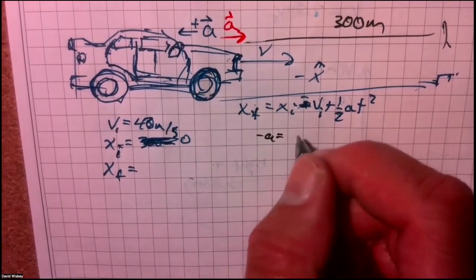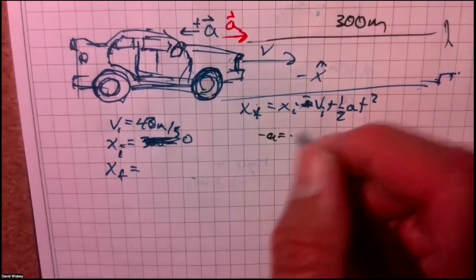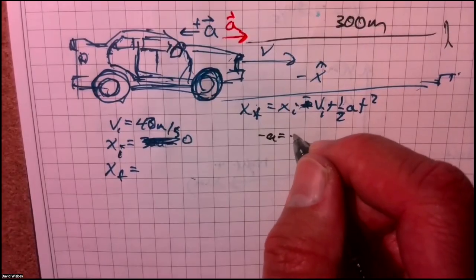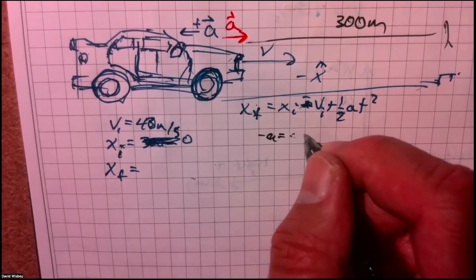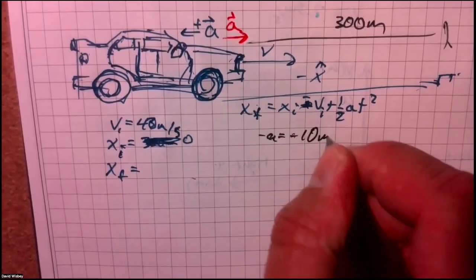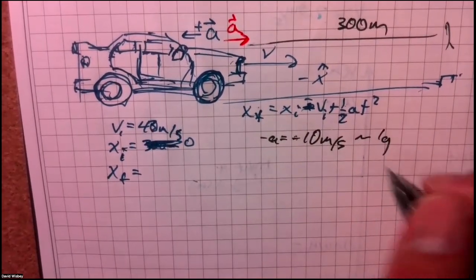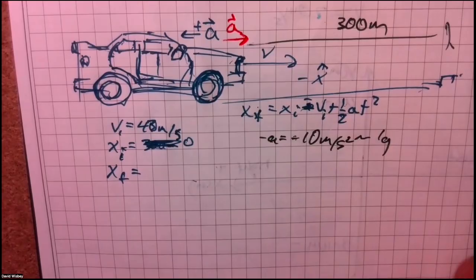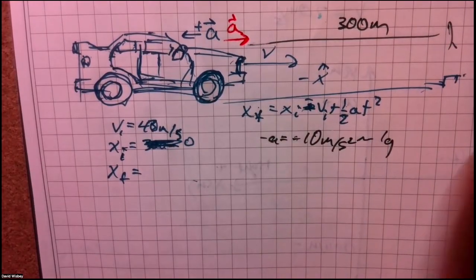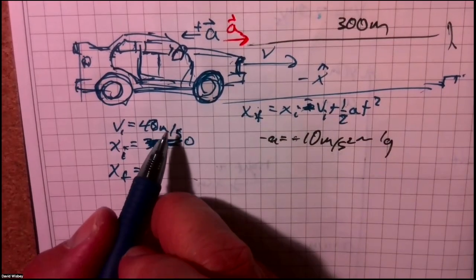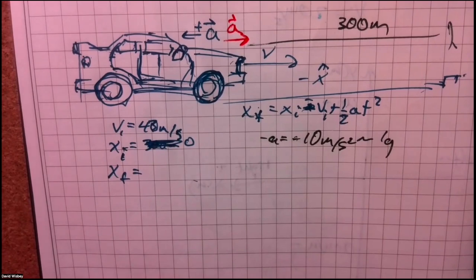We could go with 1G. Let's go with 1G. So my acceleration is minus 10 meters per second squared, or 1G. That was my deceleration. I was traveling at 40 meters per second.